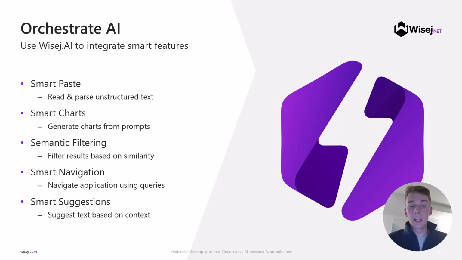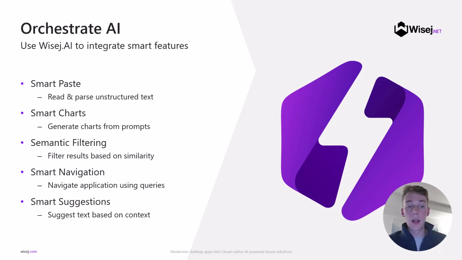So there's also smart navigation, which we call Copilot, which allows you to use queries or type in a chat box to navigate to various places within your application. So maybe you want to create a new client. So you type in the chat box, create a new client. The application and the AI provider turns that into a command, which then opens that specific functionality within your Wisej.NET application.